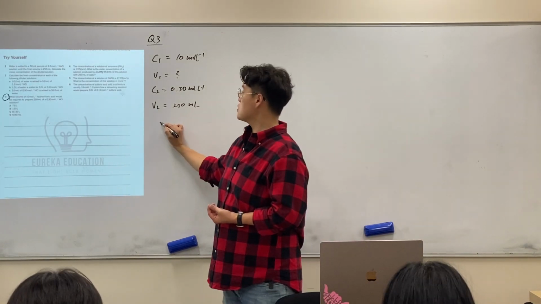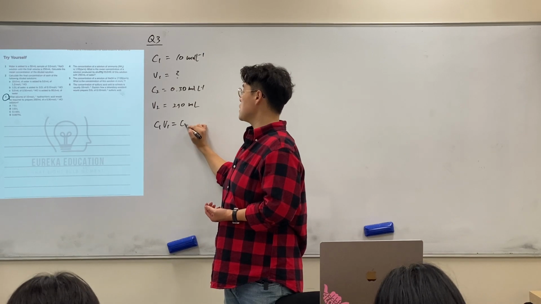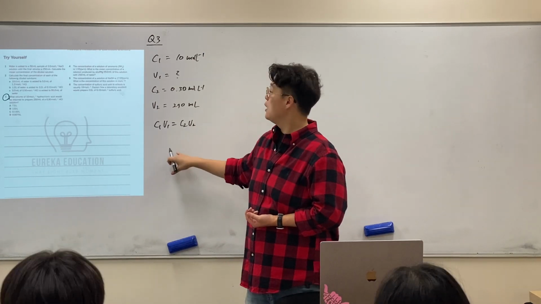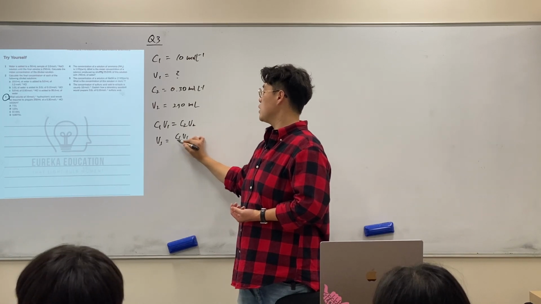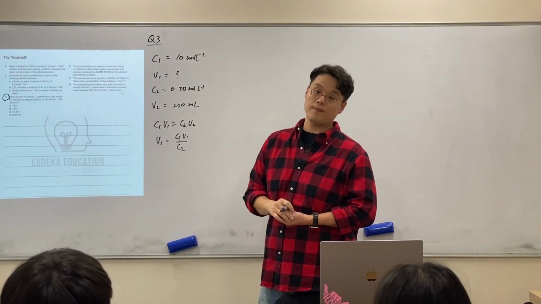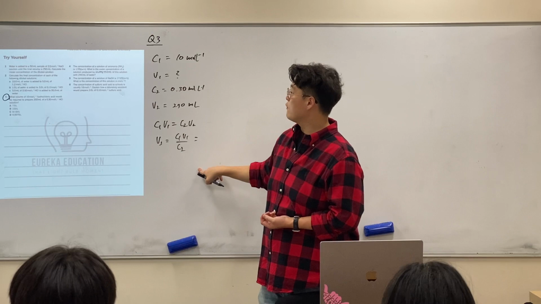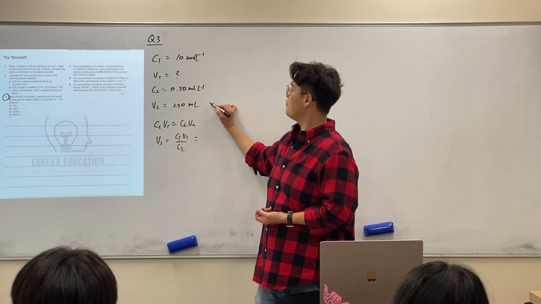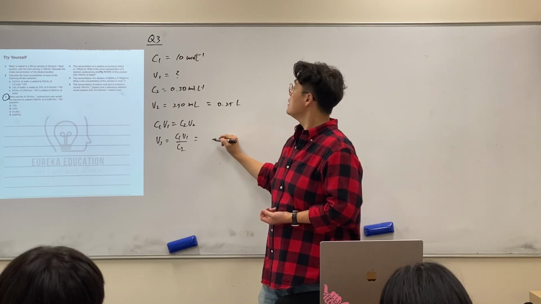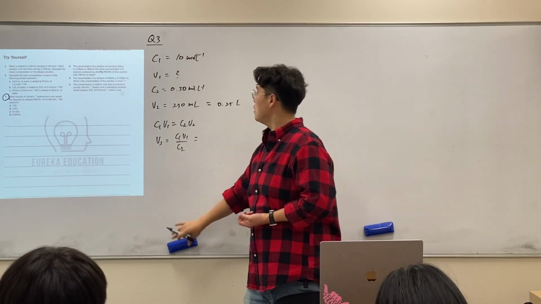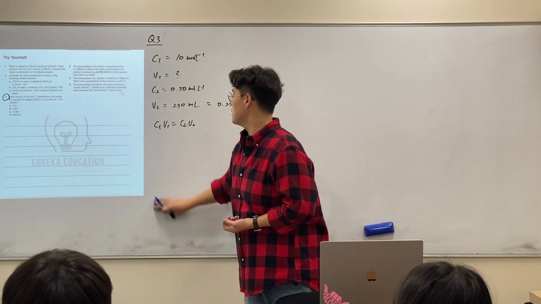Okay, then use C1V1 equals C2V2 over here. You can find the V1 from there, which is the same as C2V2 divided by C1. Okay, substituting the relevant values, we convert the 250 mL into 0.25 liter. It's good to show that. Sorry, V1, I must say.